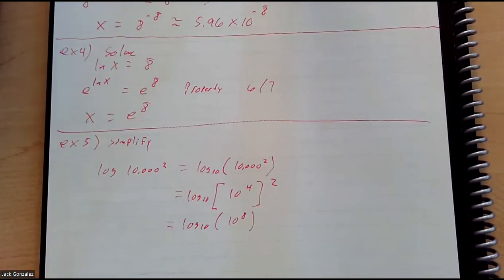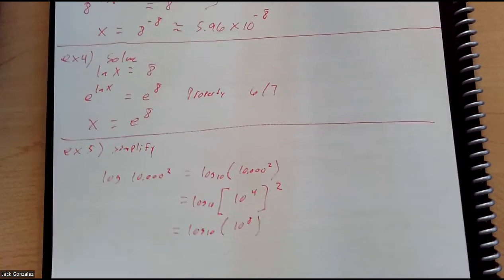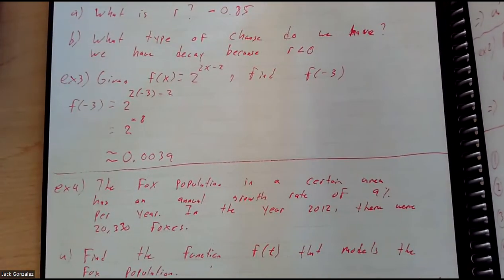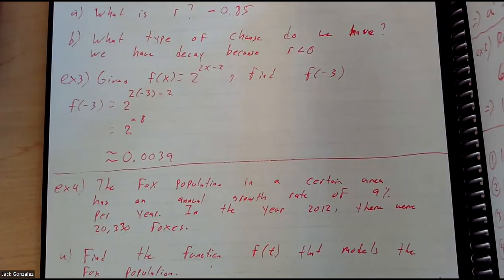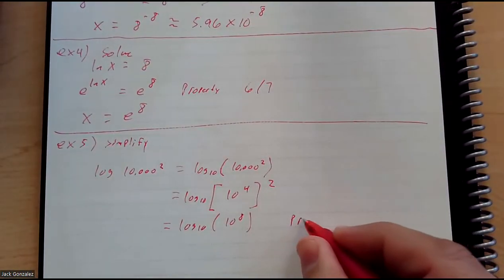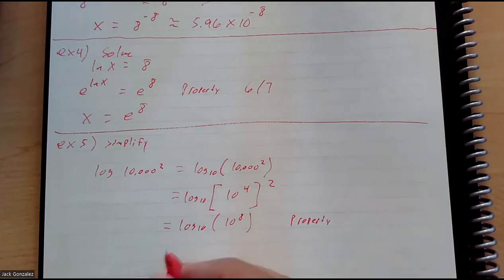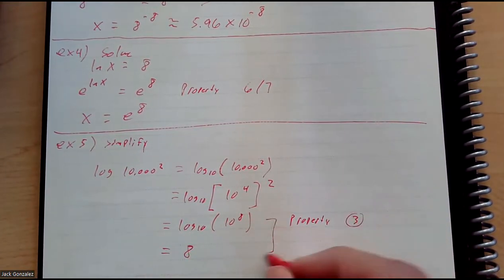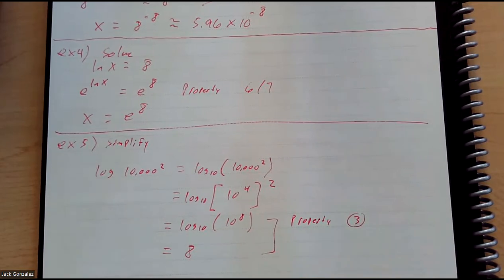Now we can use property three. If they match, you're left with just the power. So they cancel. Any questions on 5?